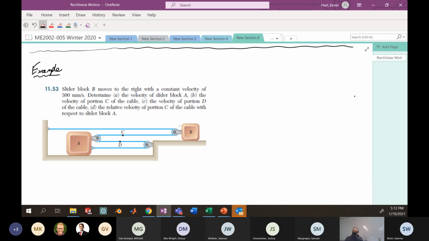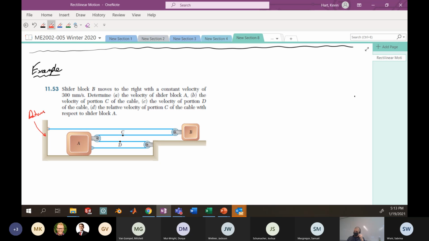I think the easiest point to select a datum in this problem is on the left-hand side, and that's where I'm going to work the problem. I'm going to select a vertical datum as opposed to a horizontal datum, which we used in the previous vertically aligned pulley systems.